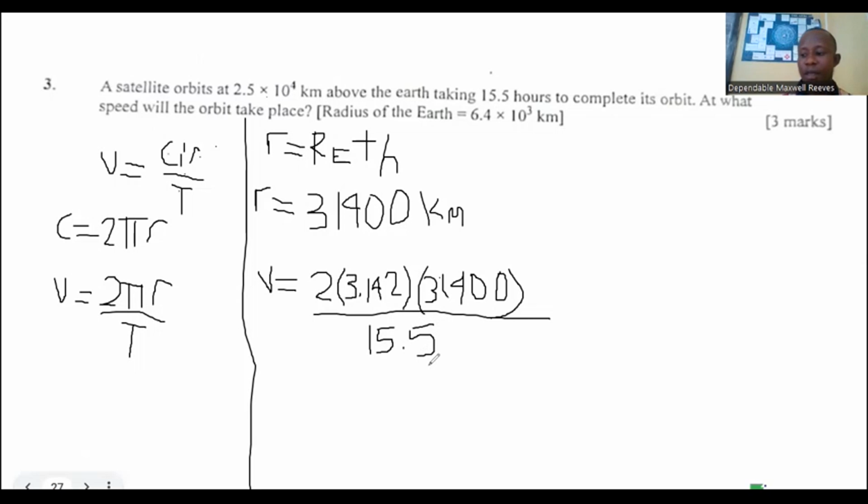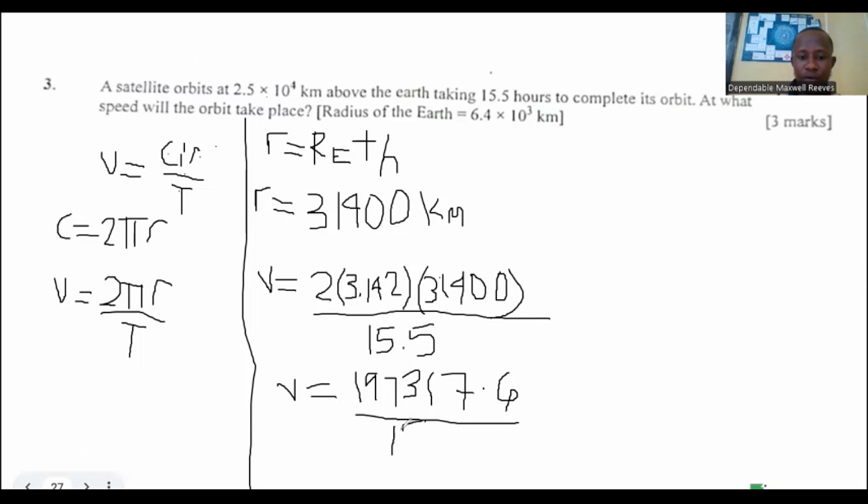Now, placing this in the calculator, multiplying 2 times 3.142 multiplied by 31,400, we will have V to be equal to 197,317.6, all divided by the period, 15.5.